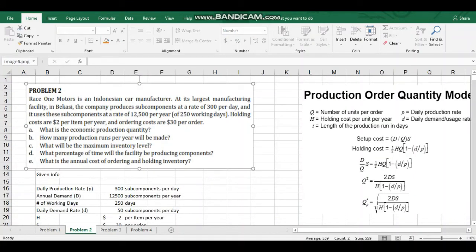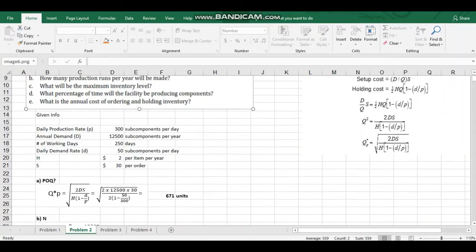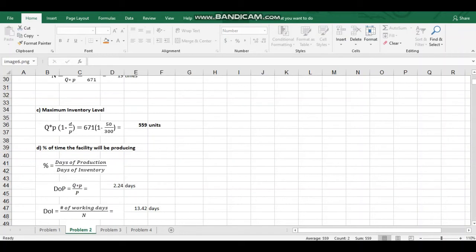Next, question point D, what percentage of time will the facility be producing components? Percentage of time. So the percentage of time, we get it by dividing the days of production with the days of inventory. So we have to find the days of production and days of inventory first before we find the percentage of time the facility will be producing.